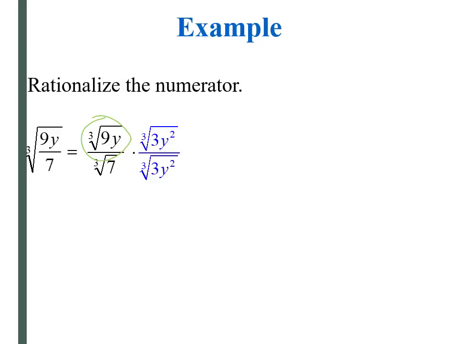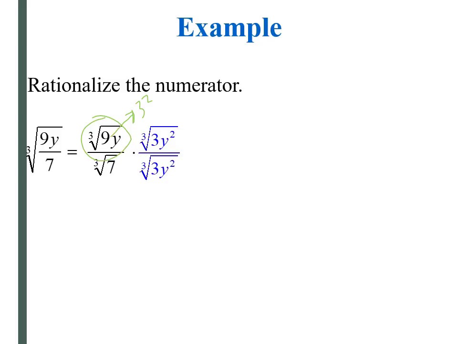Remember, when you're taking the cube root, you're trying to get 3 of the same number. So 9 breaks down to 3 squared, which means I'm only one 3 away from having my full group. And y is y to the 1, which means I'm 2 away from having my full group of 3. So I'm going to multiply the numerator and the denominator by the cube root of 3y squared.